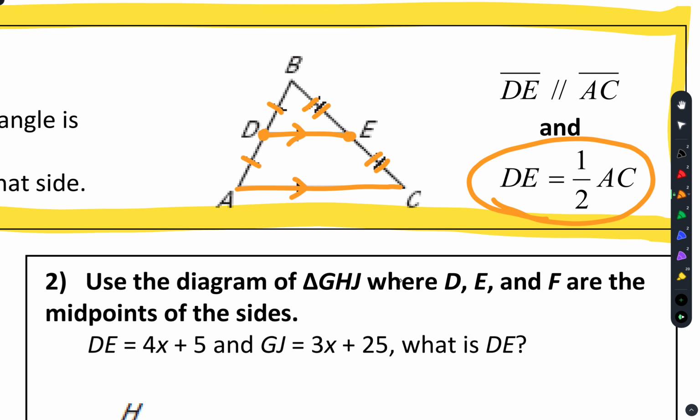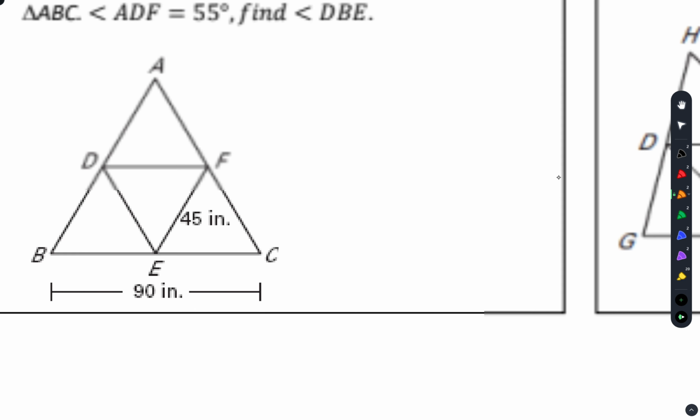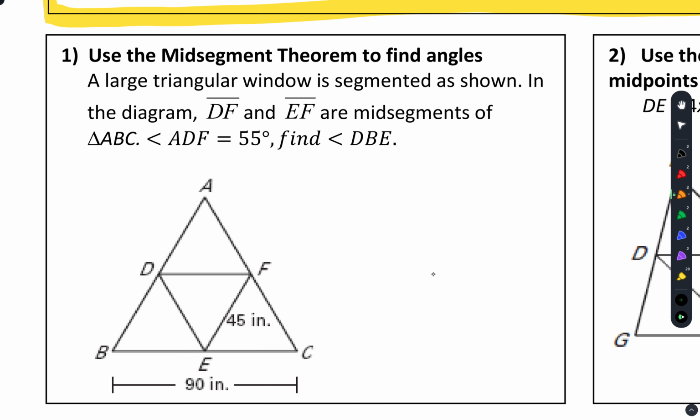You're also going to see weird ones that look like examples 1 and 2. So in number 1, it says use the midsegment theorem to find angles. We are looking for angle DBE, that angle right there. We are told ADF is 55, and we're told that DF and EF are going to be midsegments. So let's think about what the definition of midsegment is.